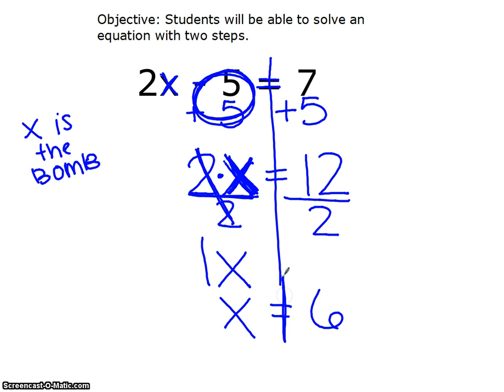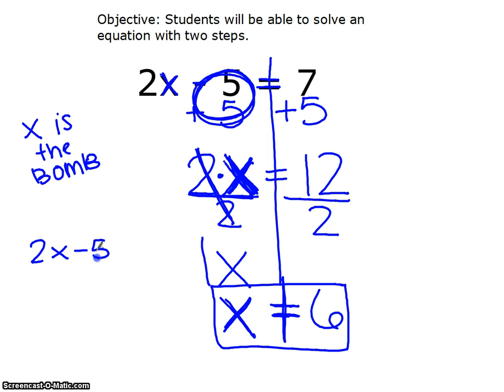So now what you have is you have the bomb by itself. You have 6 on the other side. So everything got moved over, and x is equal to the value of 6, which means that if you go back to what we had originally, if I put in a 6 for the x, then this needs to be equal on both sides.